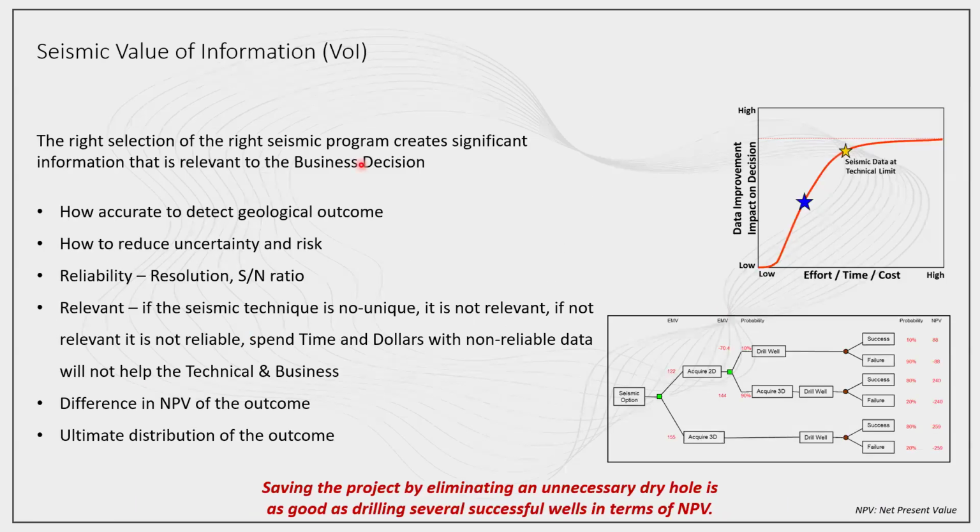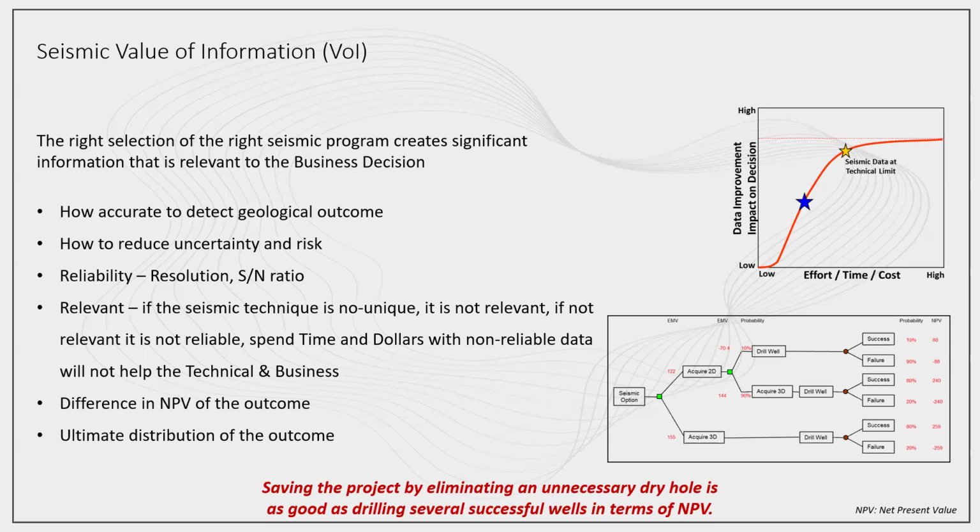We have been talking about value of information. So what is value of information? Selecting any seismic program or technology should be the right program to create significant value of information that is relevant to the business decision.